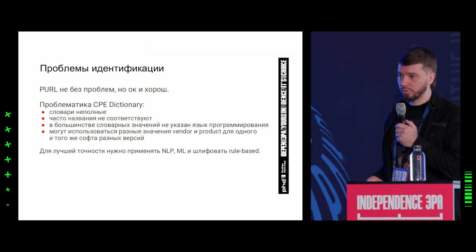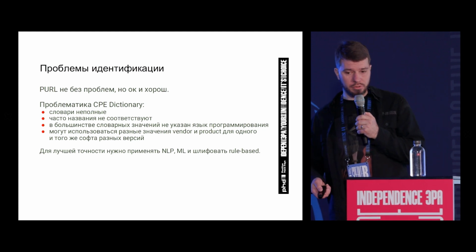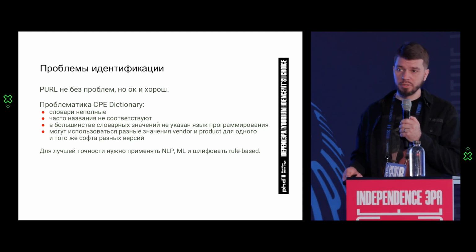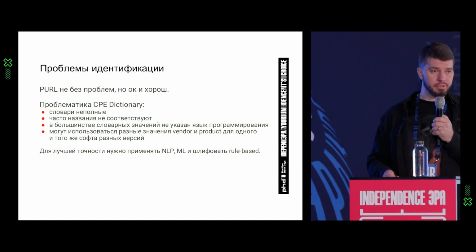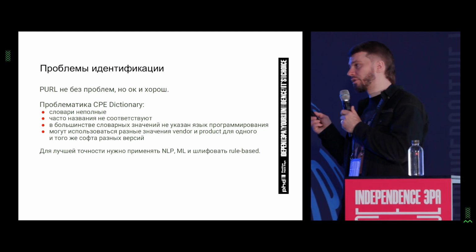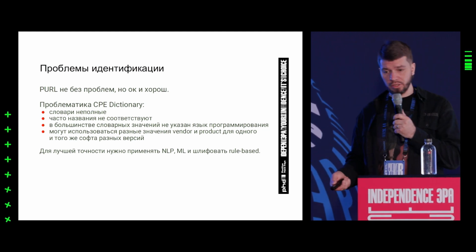The problem with the CPE dictionary is that dictionaries are sometimes not really full. People make mistakes. People make typos. Sometimes the programming language is not mentioned, or some other important attributes are not mentioned, or the vendor name may have changed, the product name may have changed.